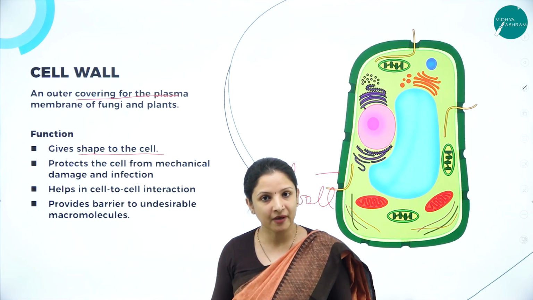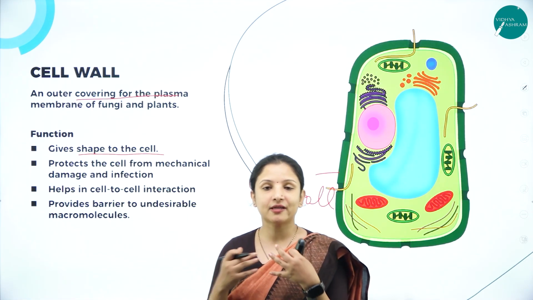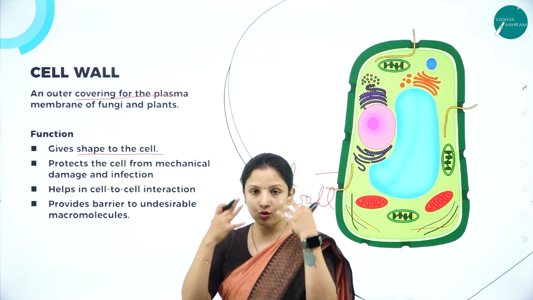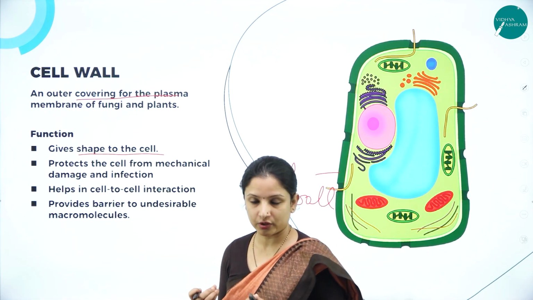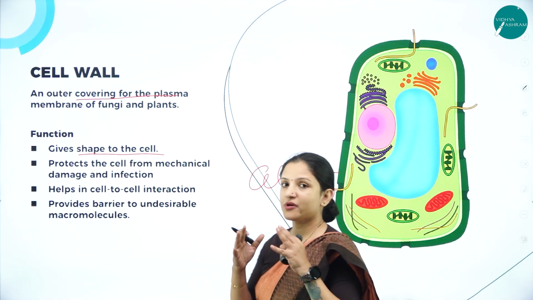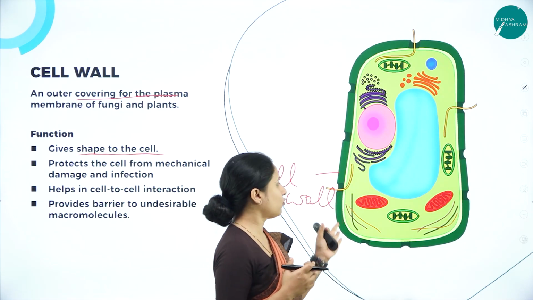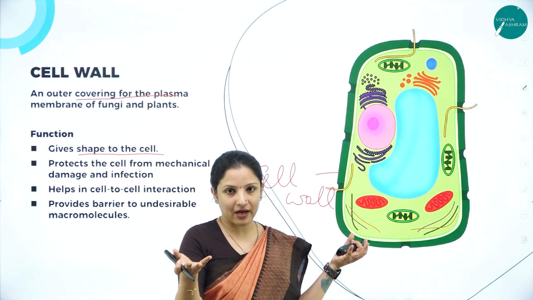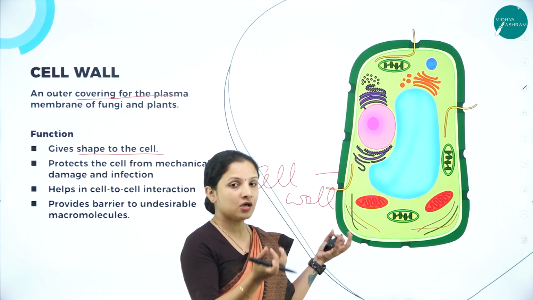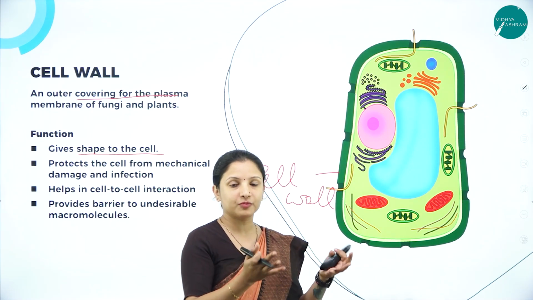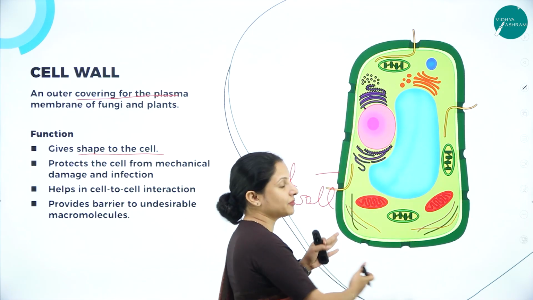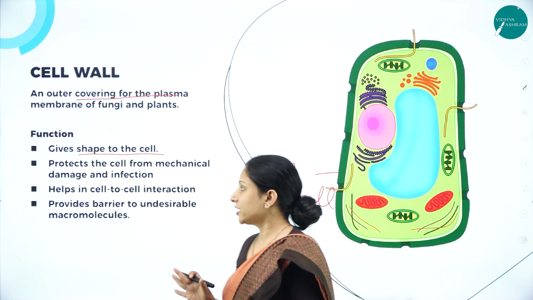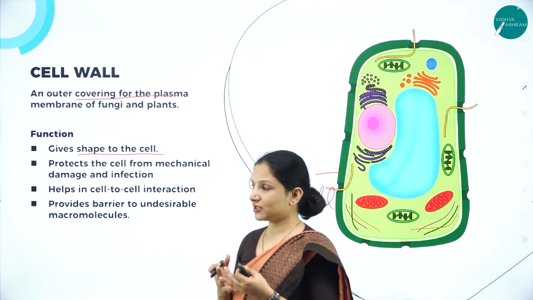It is that skeleton that holds our body like this, how we are looking today. Same way, imagine if this cell wall was not there, the cytoplasmic content, which is a fluid matrix, fluid in nature, would just be like a drop, right? There would not be a proper shape like this as you see here. So therefore, it gives a proper shape to the cell.